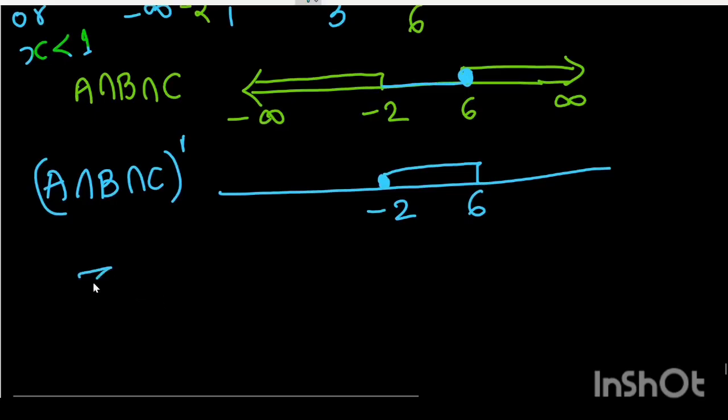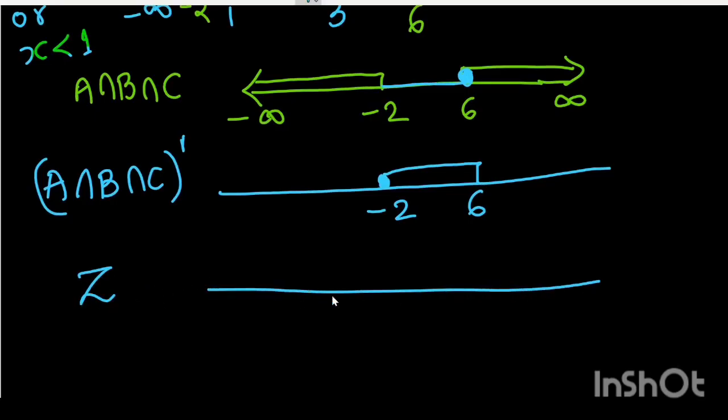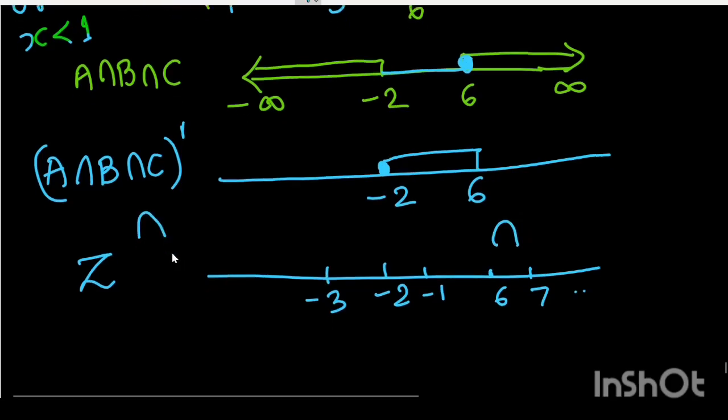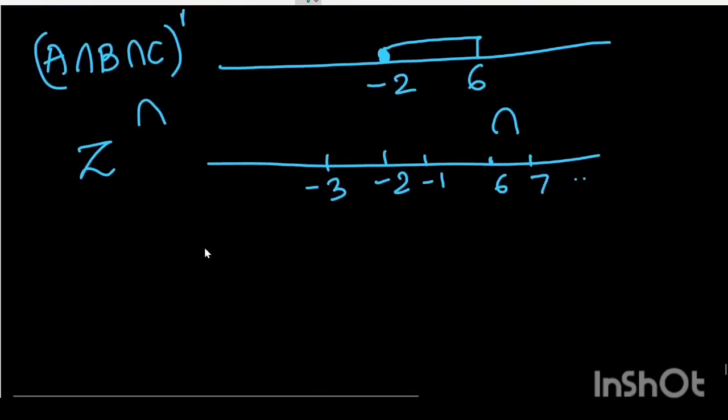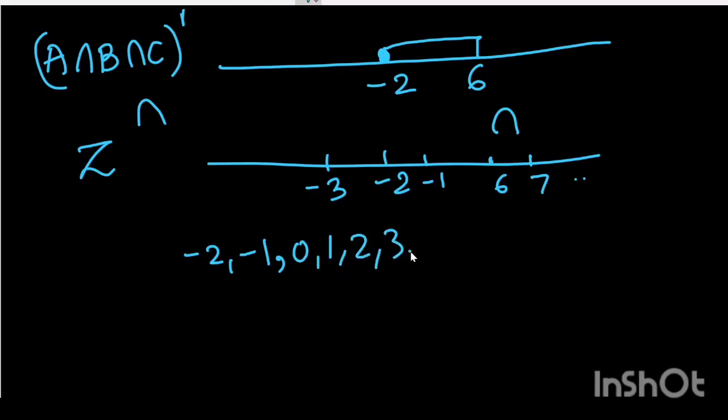Now Z, the set of integers, is minus 3, minus 2, minus 1, 6, 7 and so on. If you take intersection, this is what they are asking. So if you take intersection, you can see the intersection is minus 2, minus 1, 0, 1, 2, 3, 4, 5. 6 won't be there because 6 is not here.